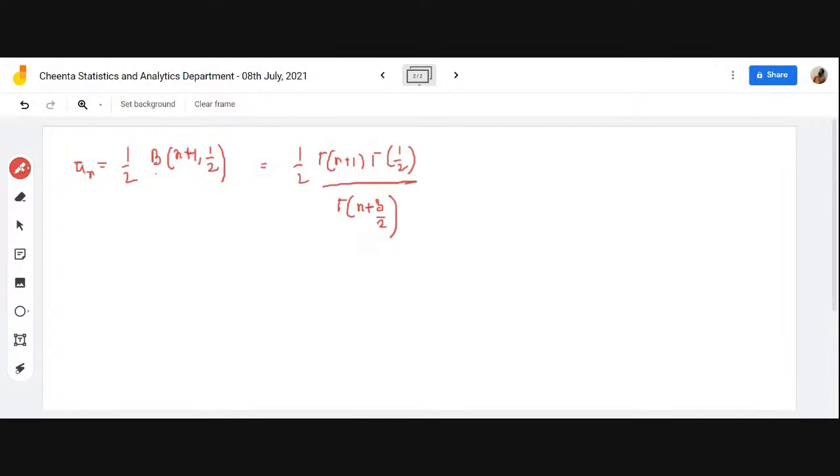So this beta integral is intimately related to the gamma integral.